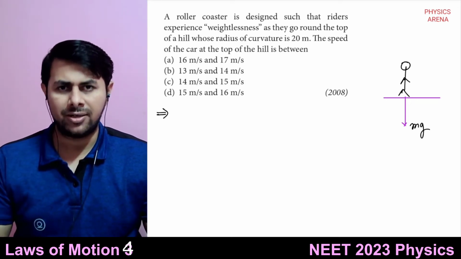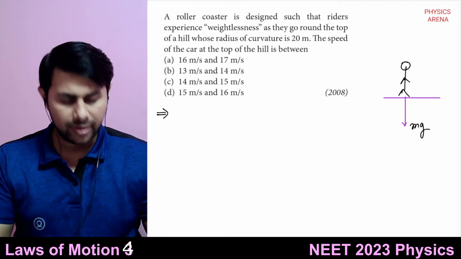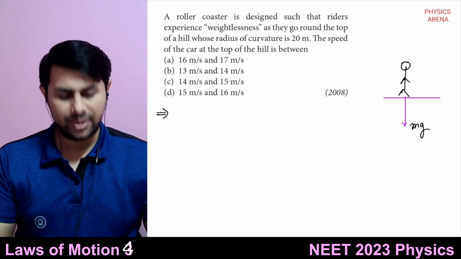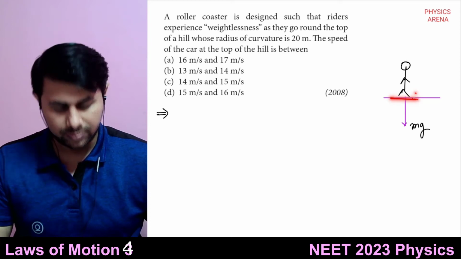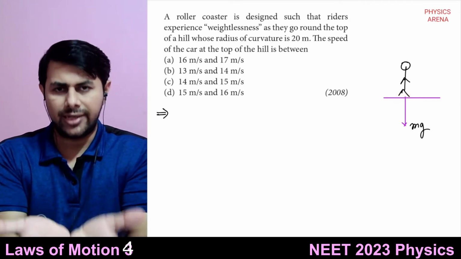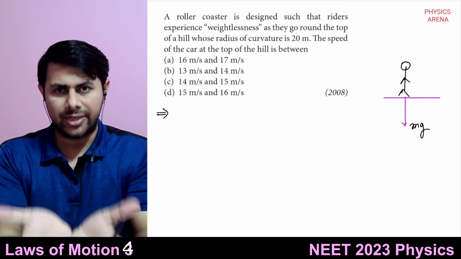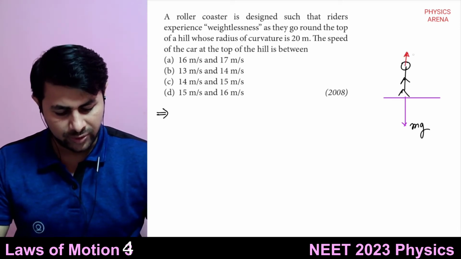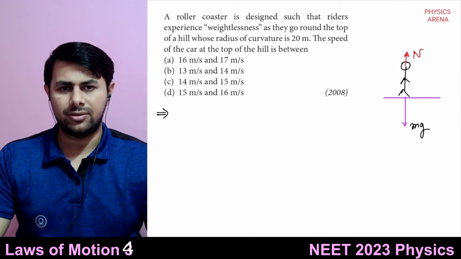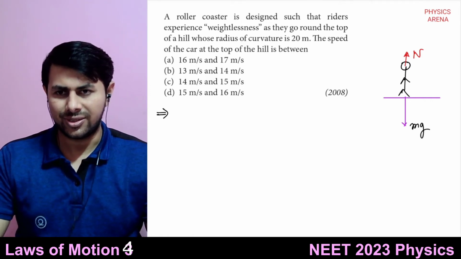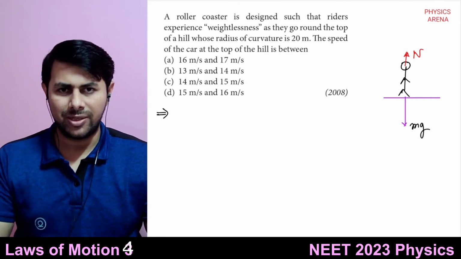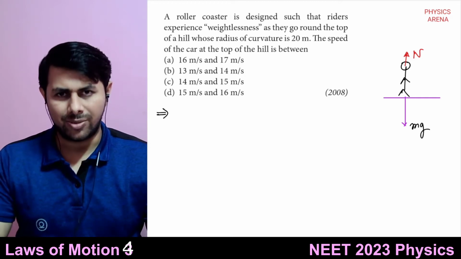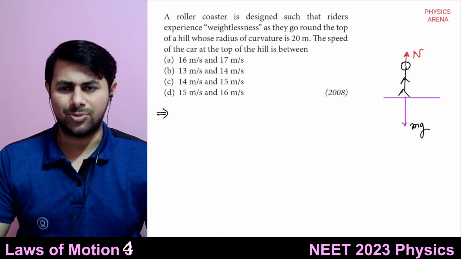I feel my weight because of the normal reaction exerted by this floor. This floor exerts an upwards normal reaction on me, and this is the reason why I feel my weight. So we feel the weight because of the normal reaction, not because of the gravitational force.